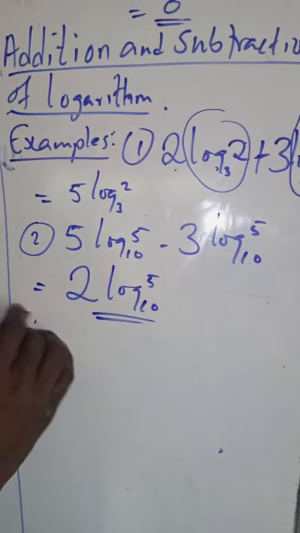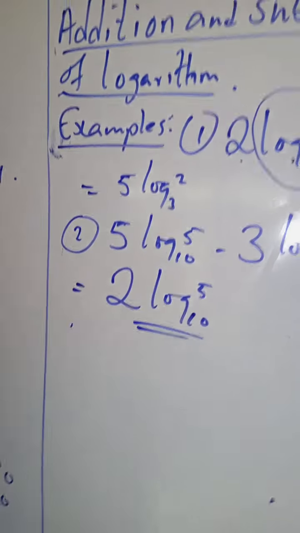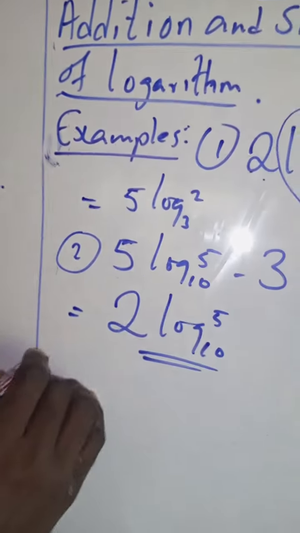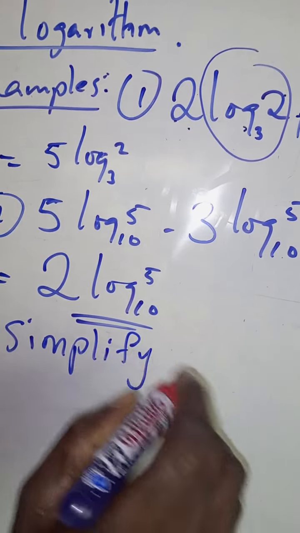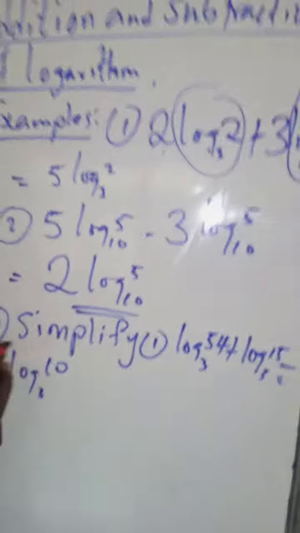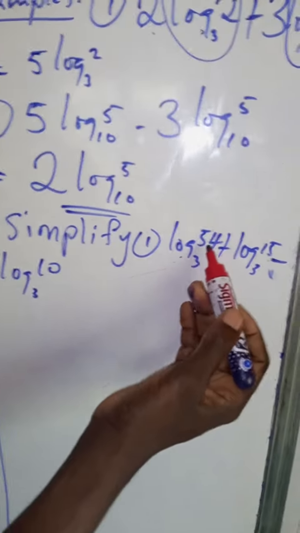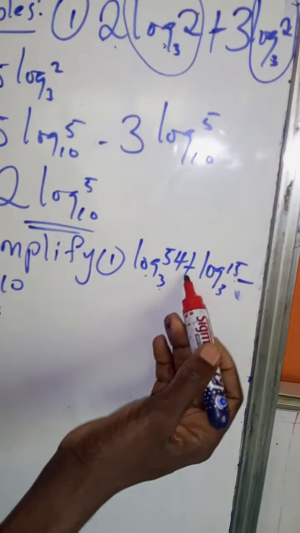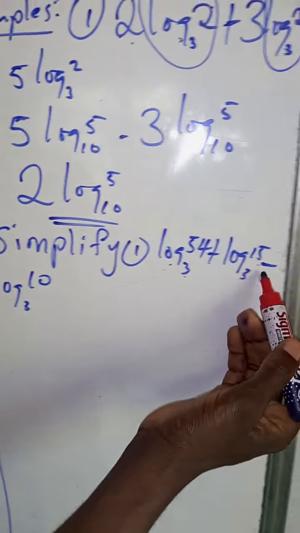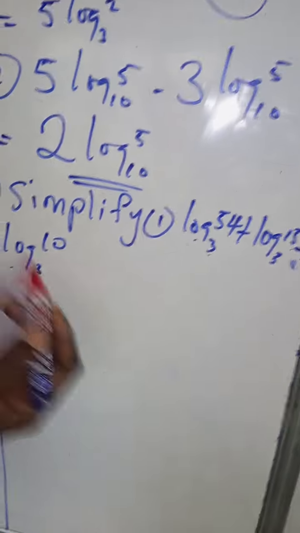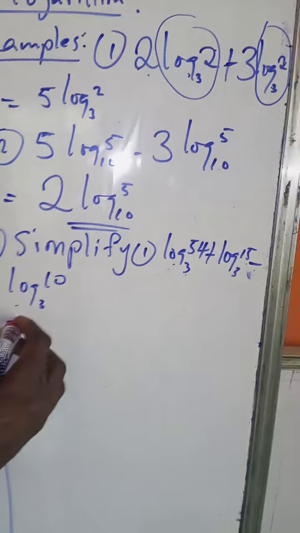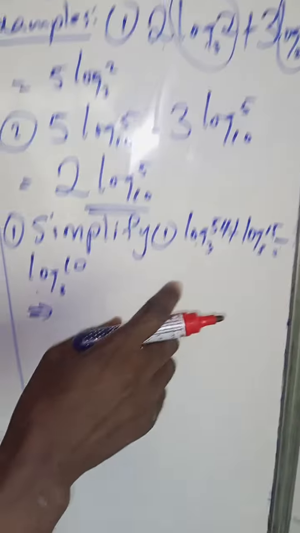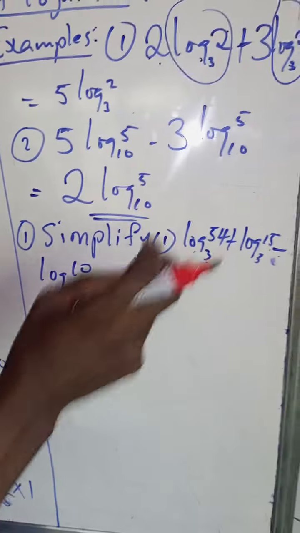Now let's go to general working. Simplify log 54 base 3 plus log 15 base 3 minus log 10 base 3. We have equal base, and that will give us the leverage to apply our first and second law.